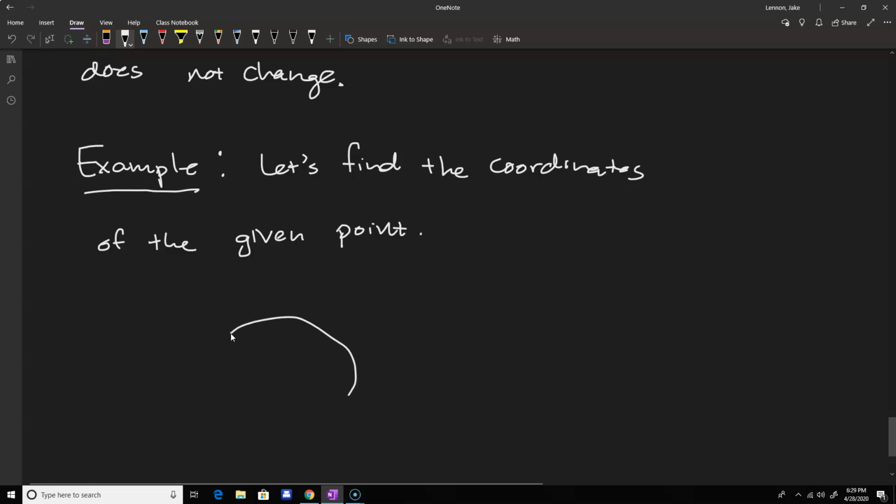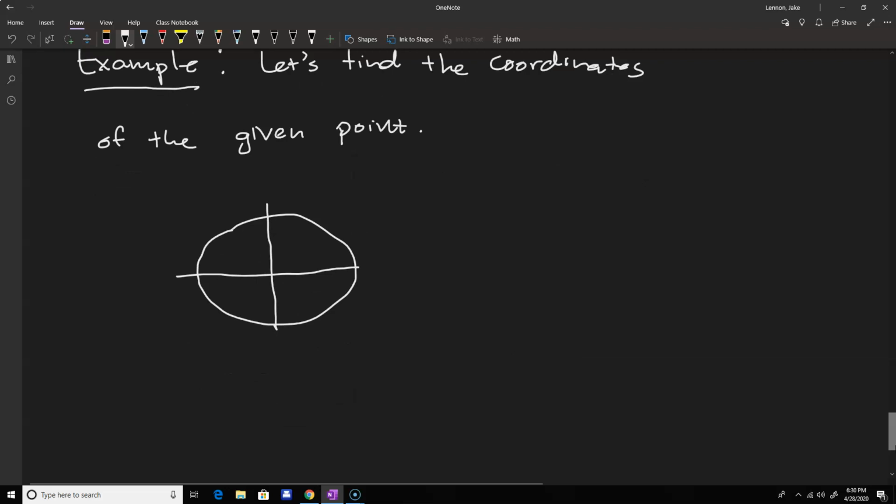So let's say we have a unit circle, and maybe we have some point that's not given by a multiple of 30 or 45. Maybe it's not so nice. So let's say we have some point like this, and we're told this angle has measurement 250 degrees.